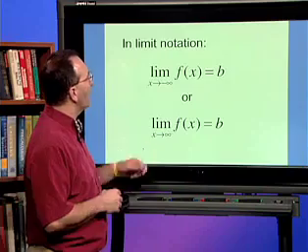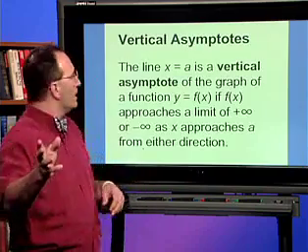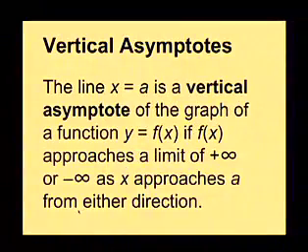All right, what about vertical asymptotes? Well, the line x = a is a vertical asymptote of the graph of the function y = f(x) if f(x) approaches a limit of plus infinity or negative infinity as x approaches the value of a from either direction.